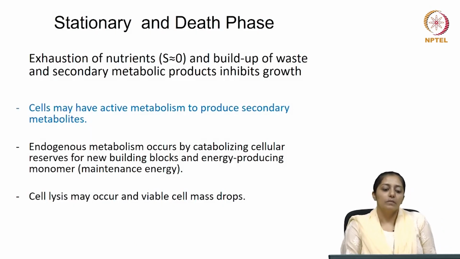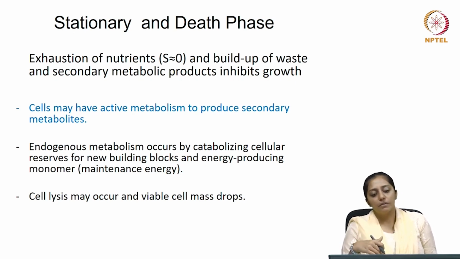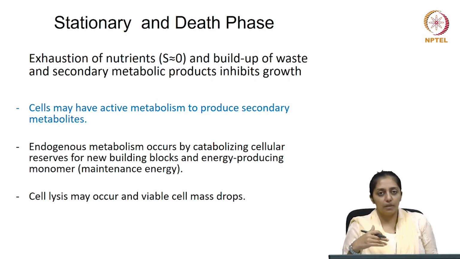Now, talking about the stationary and death phase, they appear when there is exhaustion of nutrients, which means the substrate is nearly completely consumed and there is buildup of waste and secondary metabolic products which might be inhibiting growth. So, in that case, which can be clubbed under endogenous metabolism.